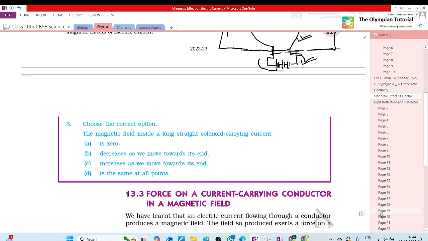So you have to tell the magnetic field inside a long straight solenoid carrying current.